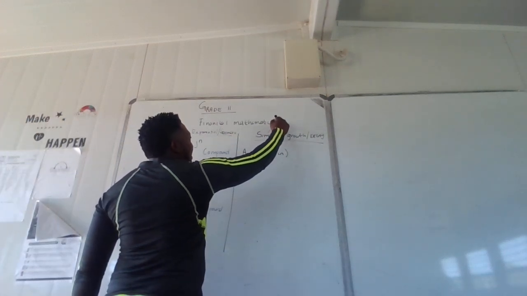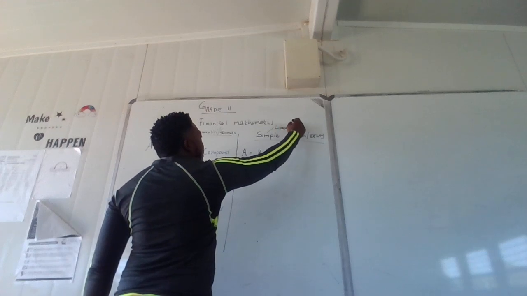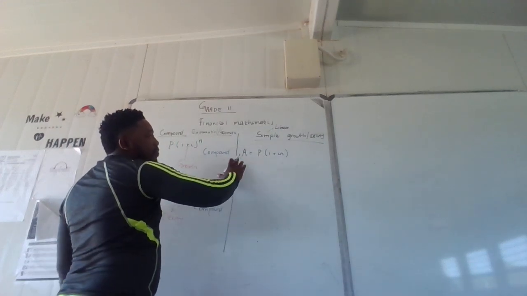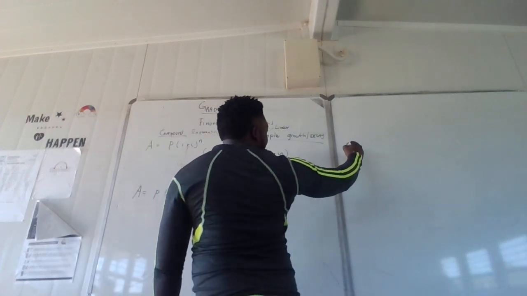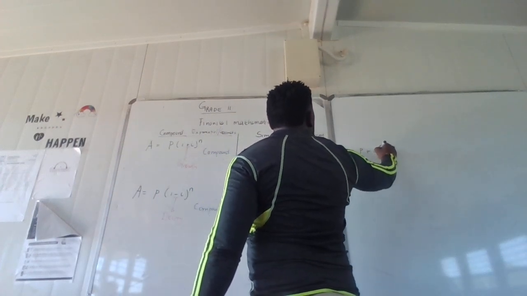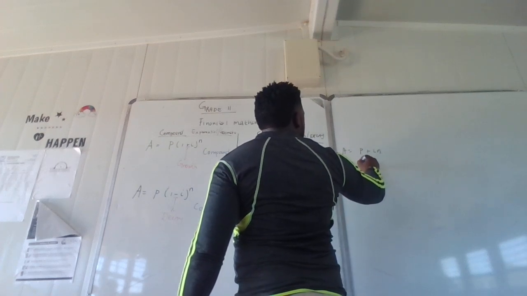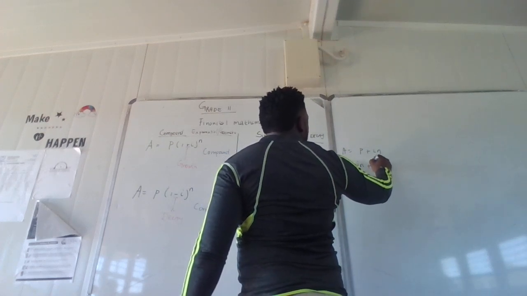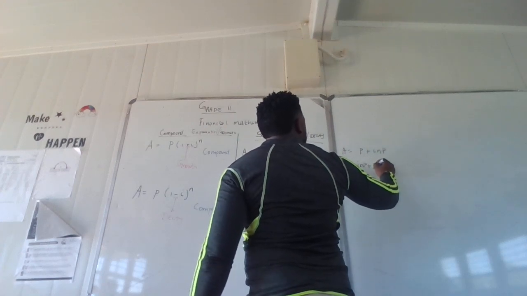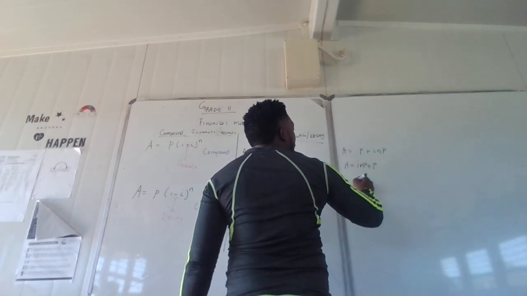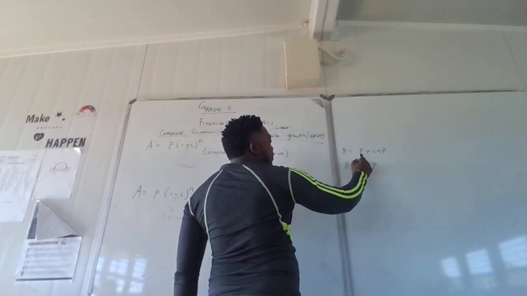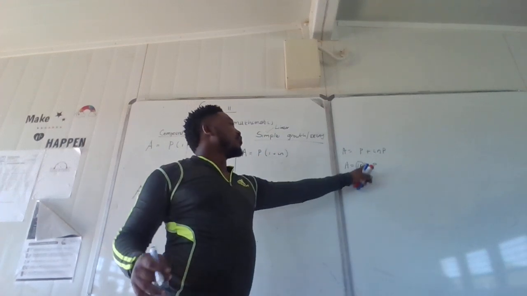So simple growth, those are linear. They form a straight line. Because if you expand this properly, you will see that A equals P plus Pin, so A can also be written as Pi times n plus P, where Pi is just the gradient and P will just be a constant.